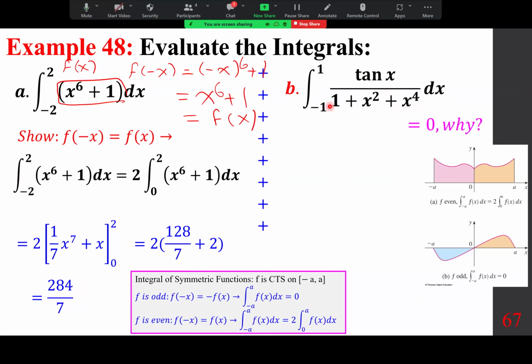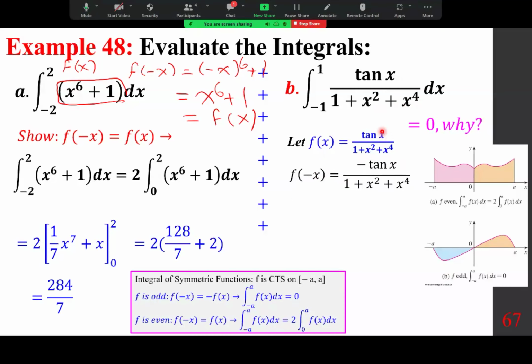Because this function is an odd function, and we follow this theorem. So we have to show this function, which is tan x over 1 plus x squared plus x to the power of 4, is an odd function. To do so, we are going to evaluate f of minus x. So replace the x with minus x. When you replace the x with minus x, notice this doesn't change. The denominator remains unchanged. Tan of minus x, everybody, is minus tan of x.